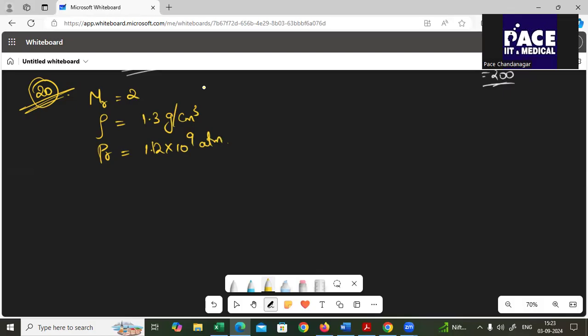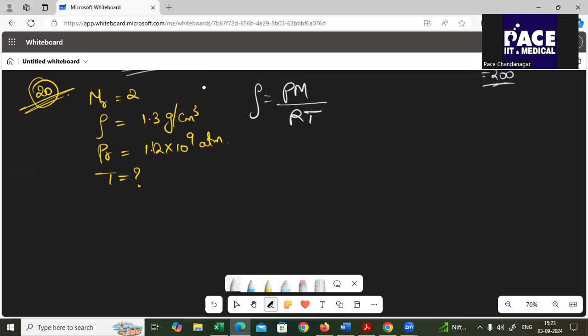The temperature of the sun is asked. So what is the density relation? Density is equal to PM by RT, right? That comes from the ideal gas equation, which we have just now derived.